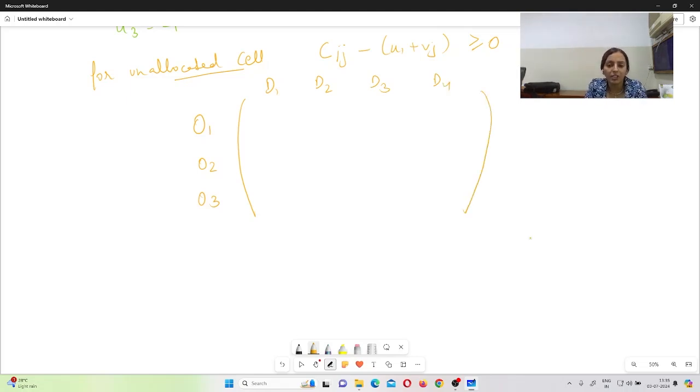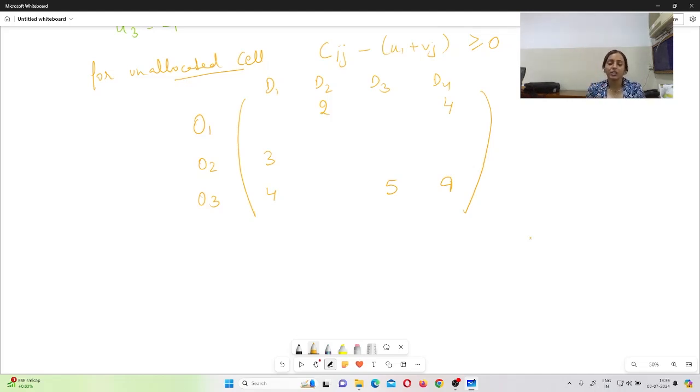So write the allocated cells. We have the allocated cells in O1, we have the allocated cells in O2, that is 3, then here O3, that is 4, and in D5 we have 5 and 9. So these are the points of the allocated cells. Only allocated we have done up, now we take the unallocated cells.